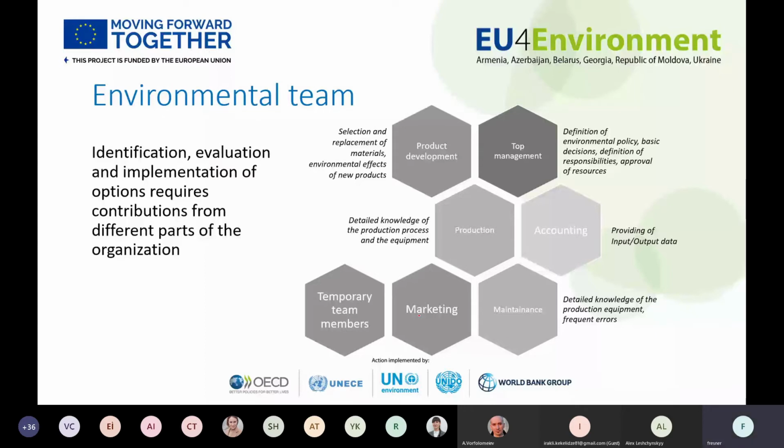And these parts range from top management to maintenance, to product development, to production. Not all of these parts of the organization will be permanent members of the environmental team.